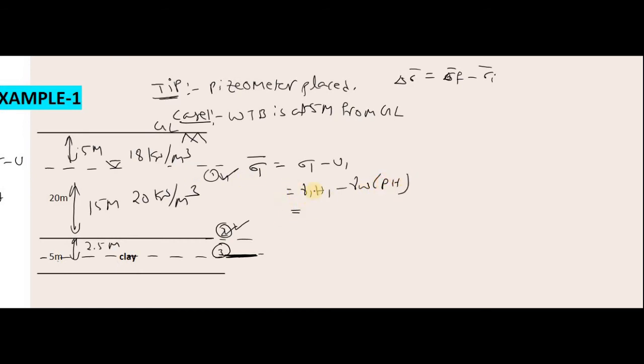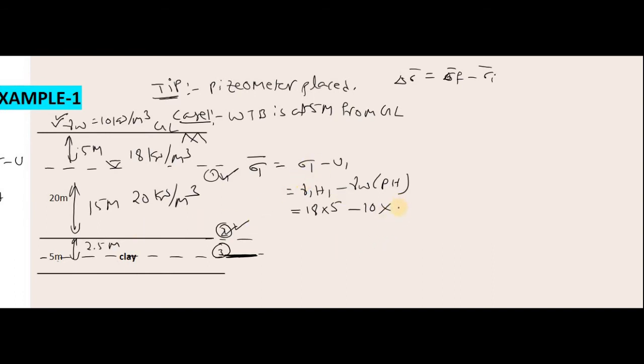Gamma 1 is 18 and H1 is 5, minus gamma W, which is 10 as given. Don't make the mistake of always taking 10 or always taking 9.81. He'll give 10 or 9.81. If it is not mentioned in the question, you have to take 9.81.